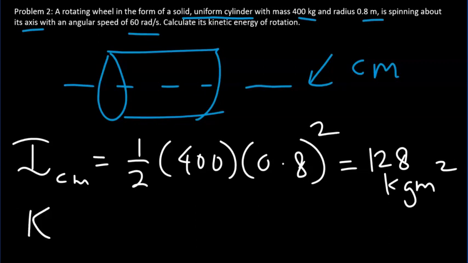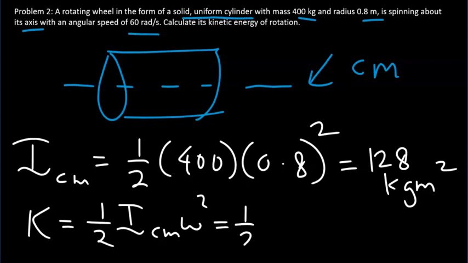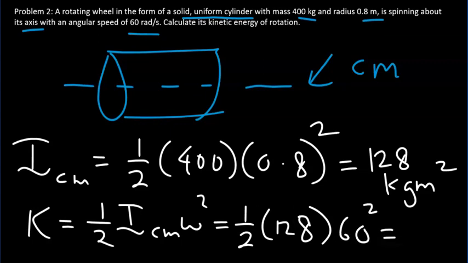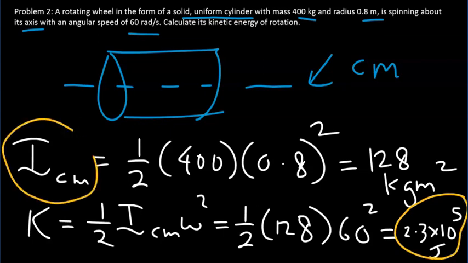Now we can determine the kinetic energy of rotation from the formula half times I omega squared, which we have seen in our previous video. So the moment of inertia is 128, omega is 60, squared, and that will give you 2.3 times 10 to the power of 5 joules. This is just to illustrate the importance of center of mass in kinetic energy calculations.